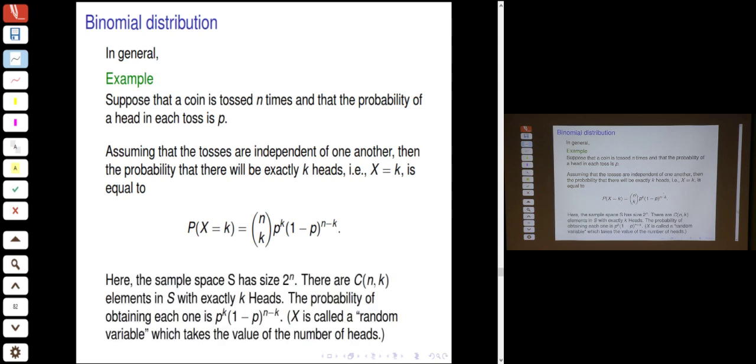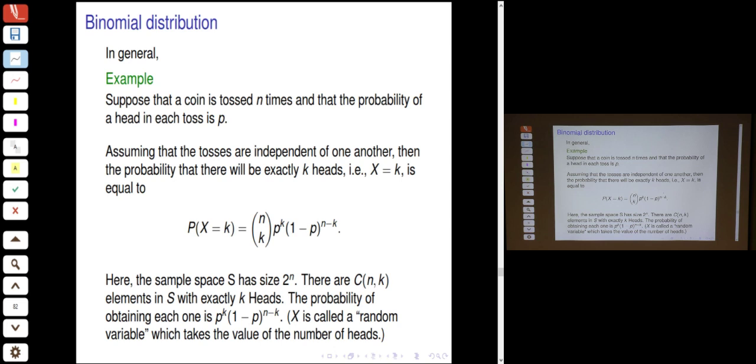So here the sample space has size 2 to the n. Then there are this many elements in S with exactly k heads, so the probability is this. This kind of X has a fancy name: we call them random variable.